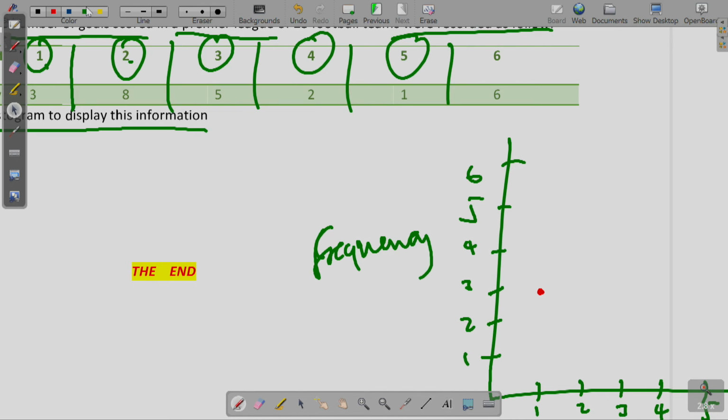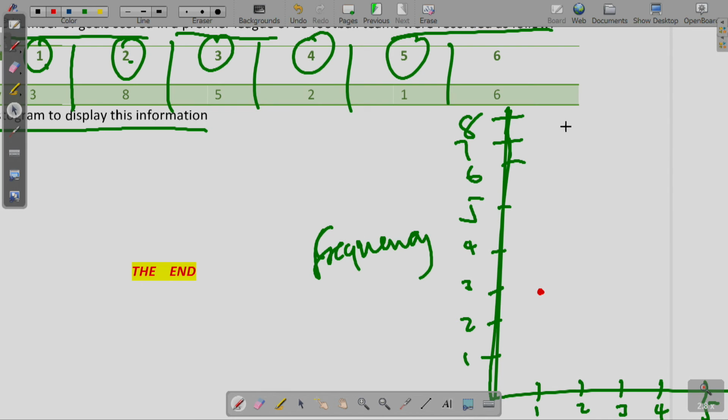So here 7, 8, but these are drawn by using lines. And here we have 8.